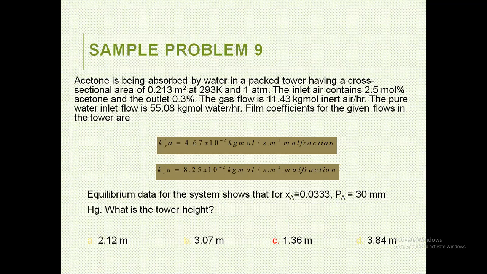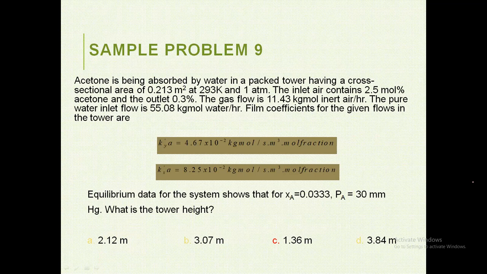now, so this is the problem. Acetone is being absorbed by water in a packed tower having a cross-sectional area of 0.213 square meter at 293 Kelvin and 1 atm. The inlet air contains 2.5 mole percent acetone and the outlet 0.3%.